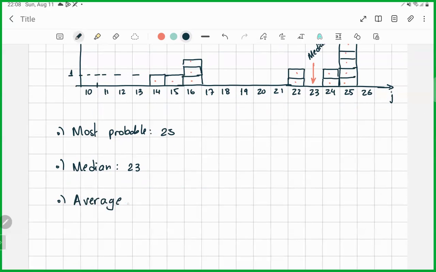Another way to say average is mean, equivalent, synonym. In quantum mechanics, we use the term expectation value. They are all synonyms, okay? Average or mean or expectation value, you choose the one that you like the most, but be sure you know that they are synonyms, okay?